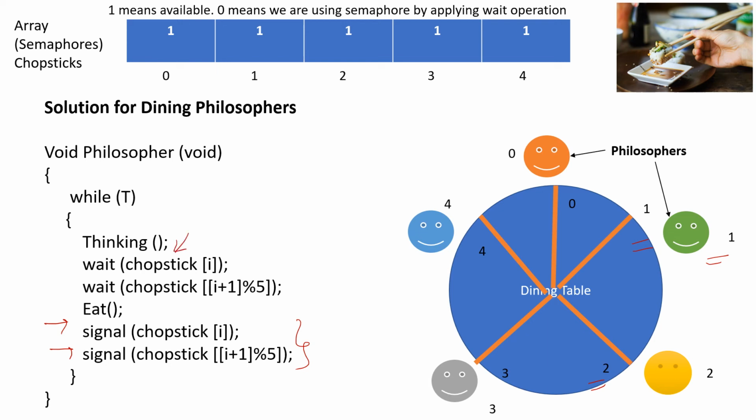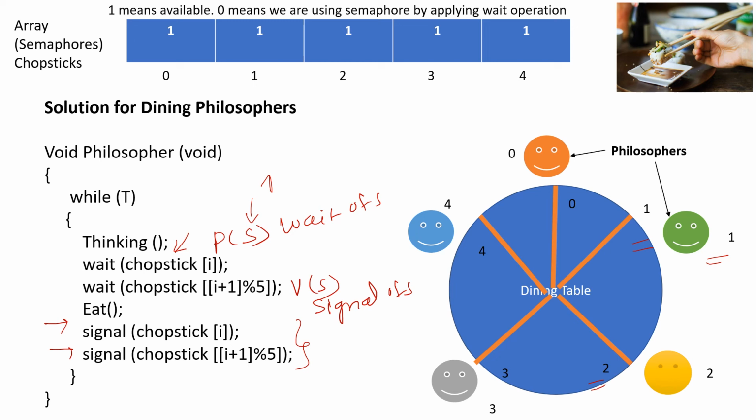After this we can use one more semaphore S, with wait of S and signal of S. Initially S is set to 1 by default. 1 indicates that it is available and 0 indicates it's locked.